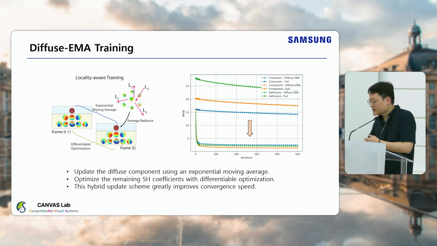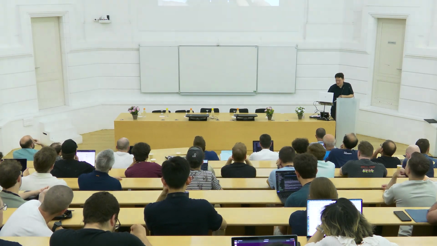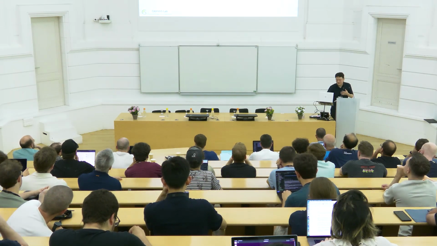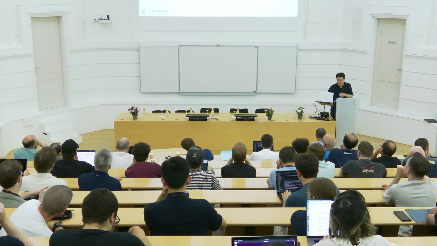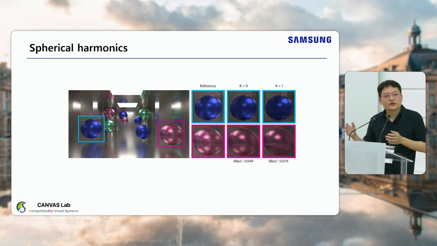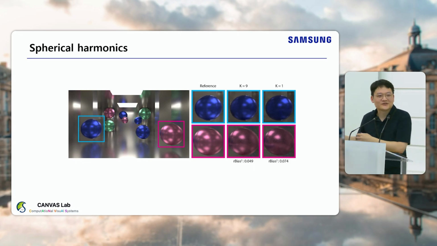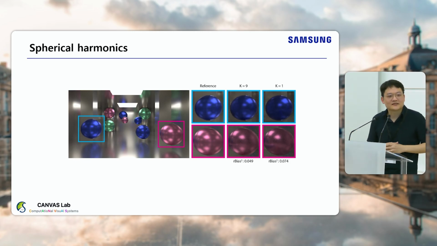We didn't go further, but if we reduce the spherical harmonics degree, then basically it's more like just learning the diffuse term only. In that case, if we use a very closed scene, then we don't have a specular highlight anymore. But in terms of computational complexity, we couldn't go further. So we chose 9 in this case.